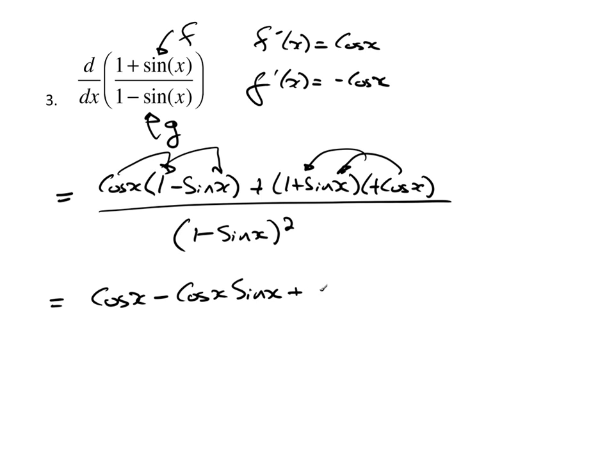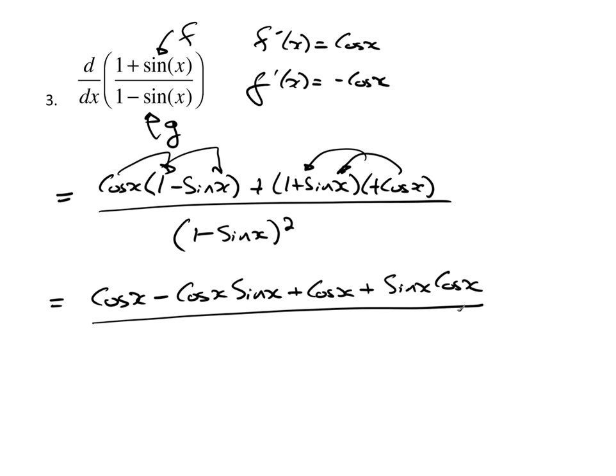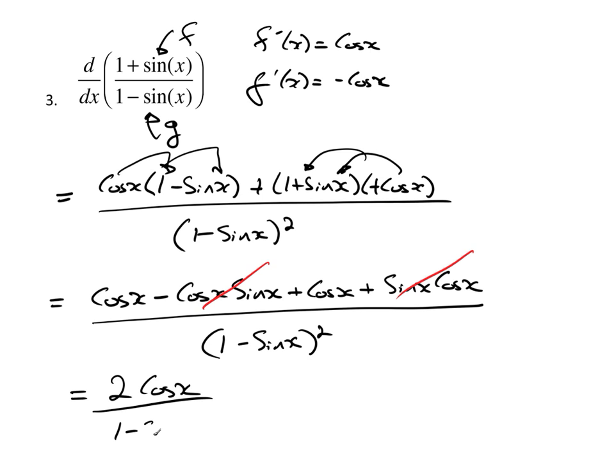So this would be plus cosine of x plus sine x cosine of x all over the bottom, 1 minus sine x squared. Well, this is kind of nice because these guys are going to cancel. And that leaves me with simply 2 cosine x over 1 minus sine x quantity squared.